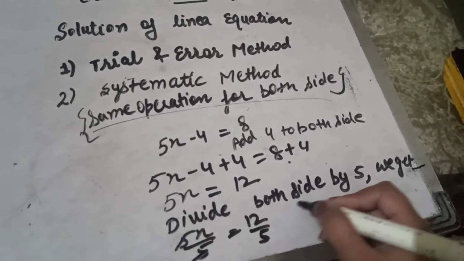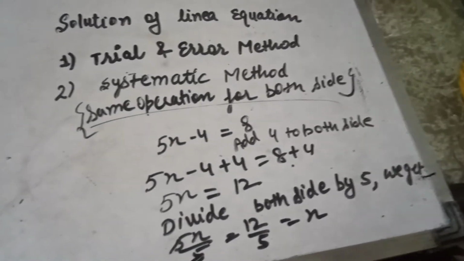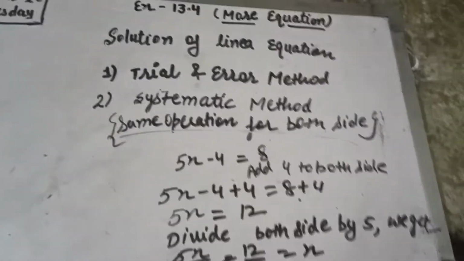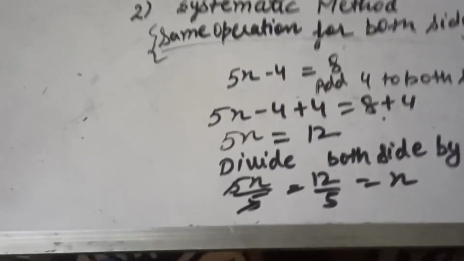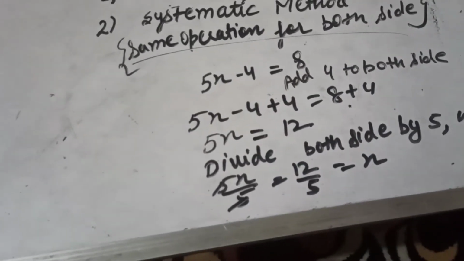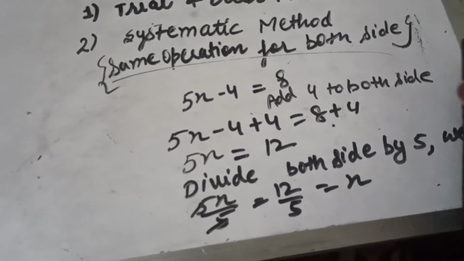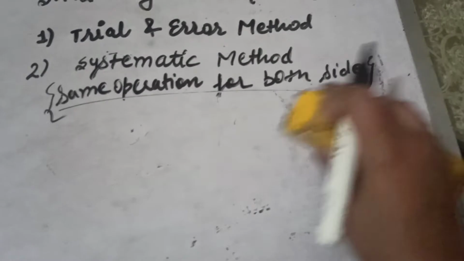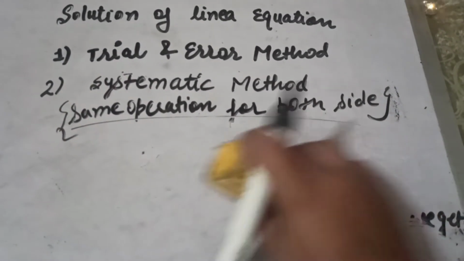This 5 cut by 5 and the value of x equals 12 by 5. Right? See here, every step is very systematic. Whichever operation is followed on the left hand side, the same operation is followed on the right hand side. That's why we call it systematic method.